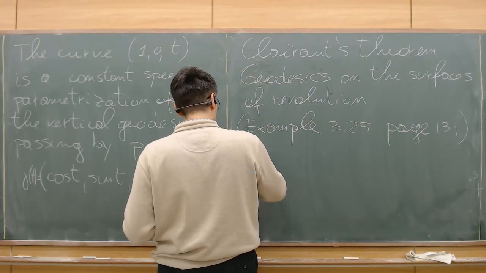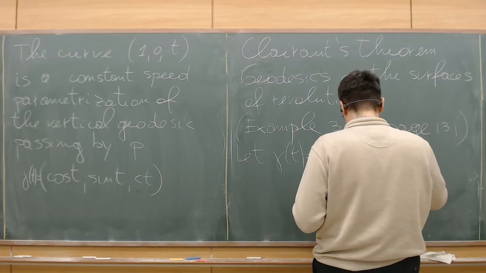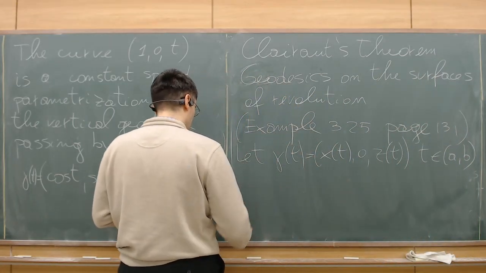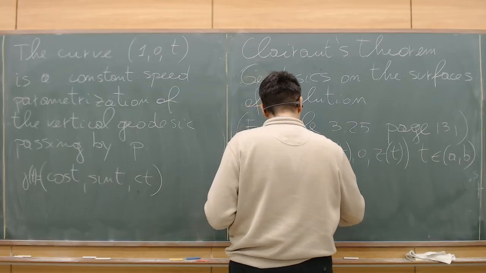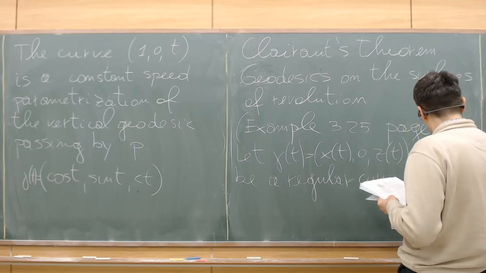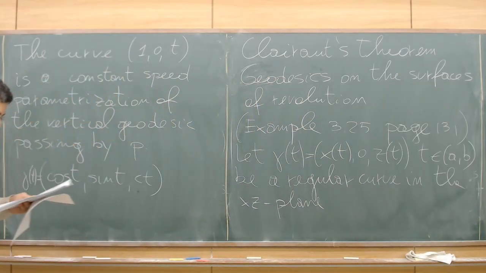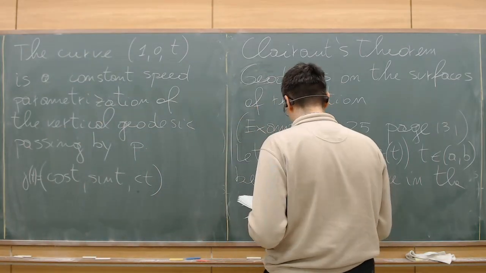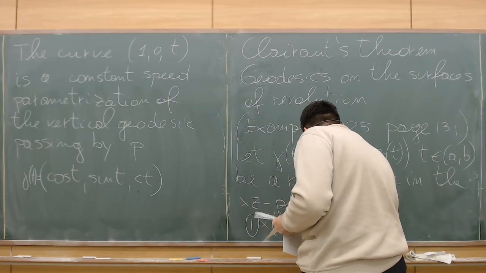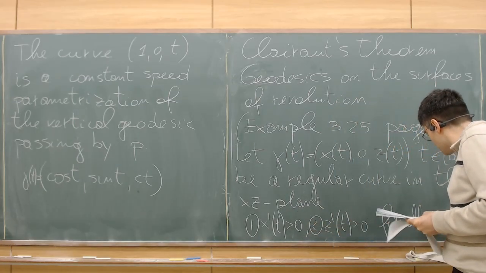Essentially, we consider a curve having this form, for which the functions x and z satisfy the following assumptions: x prime of t is positive, and z prime of t is positive for all t in (a, b).